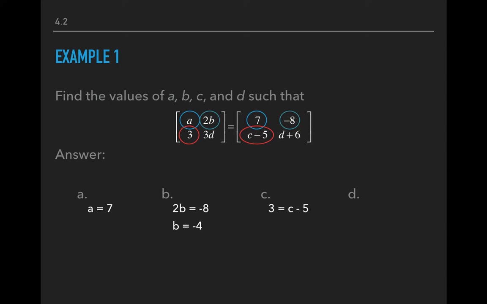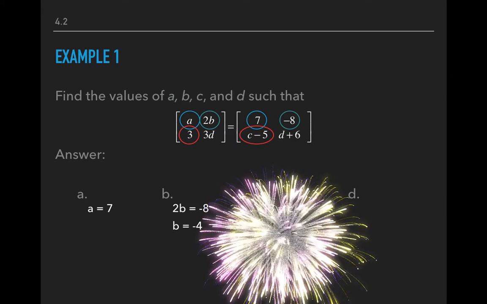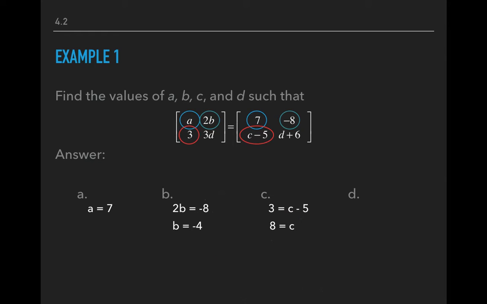So we can set up this equation, and we will just add 5 to each side to solve for C. That gives us 8 for C. Now our last value is D, and D is actually in both of our matrices, and it's in the same position, so we can set up an equation here, and it's okay that D is twice.